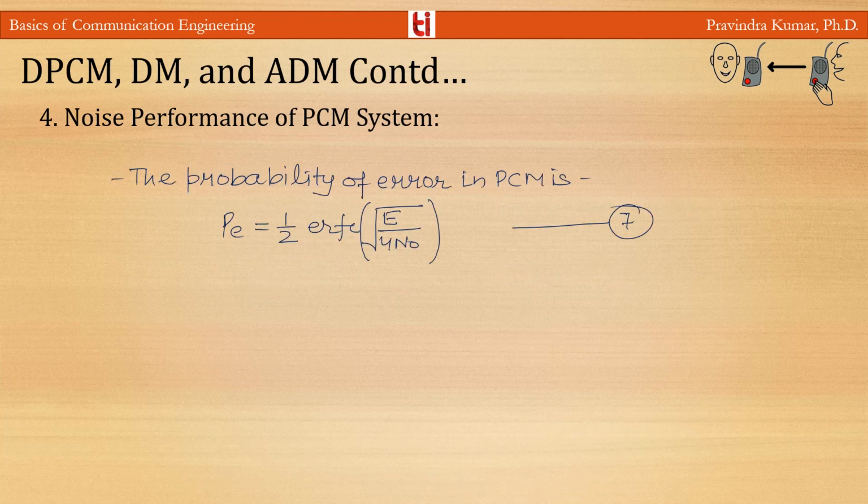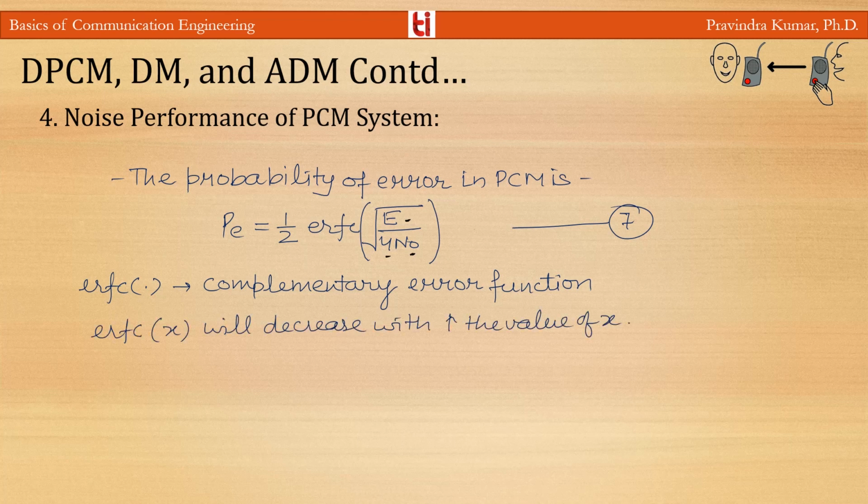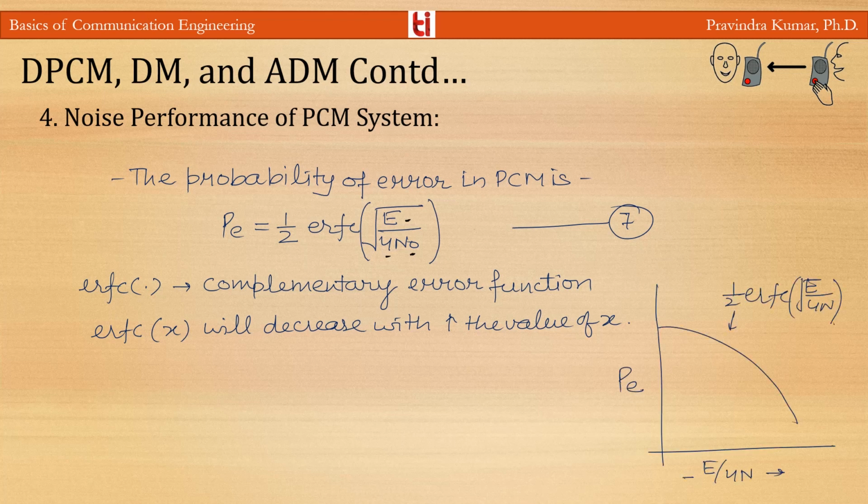Now the probability of error in PCM system. The probability of error in PCM system you can find: it will be 1 by 2 erfc of under root E by 4 N0, where E is the energy of the signal, and N0 is the output noise. erfc is the complementary error function, which is a monotonically decreasing function.